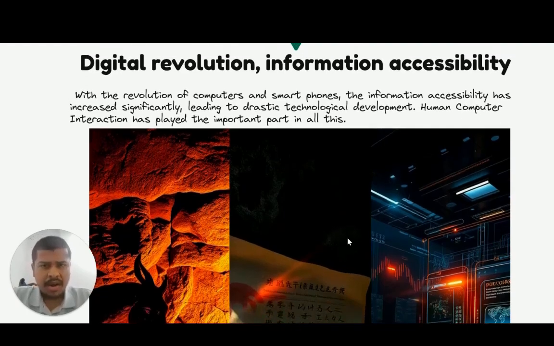But then, what is the main core part of this digital revolution? If you see, human computer interaction has played the most important part overall. Because starting with computers, our information accessibility has become easier. The easier and quicker the information accessibility and documenting of new information and knowledge transfer, the faster the accumulation of knowledge happens.